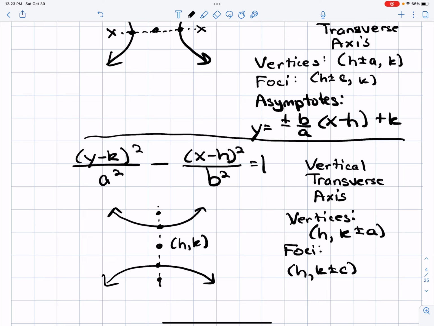And then your asymptotes, you're going to have y equals, remember for this one it switches, you have a over b because now a is associated with your y or your rise, b is associated with x or your run, and then x minus h plus k. So it's the equation of a line, but now you're shifted according to that center.